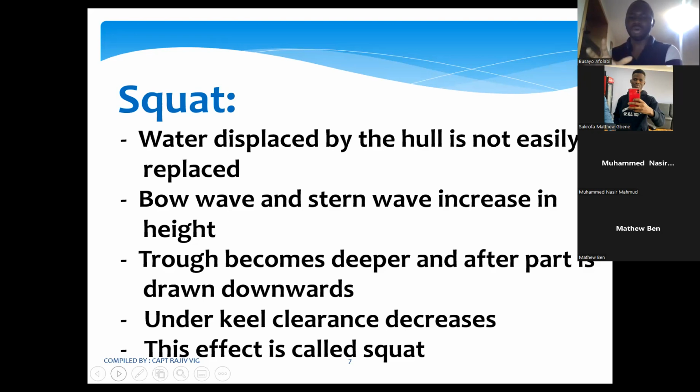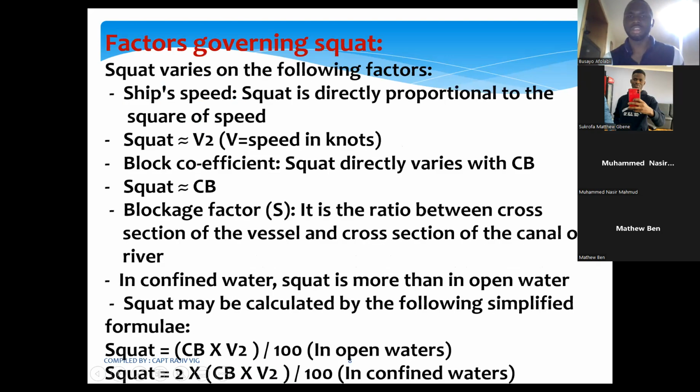So the bow and the type of construction of your bow will also affect the bow wave and the distribution of this pressure too. So let's come back to the slide. Is water displaced by the hull, like I said, is not easily replaced in shallow waters.